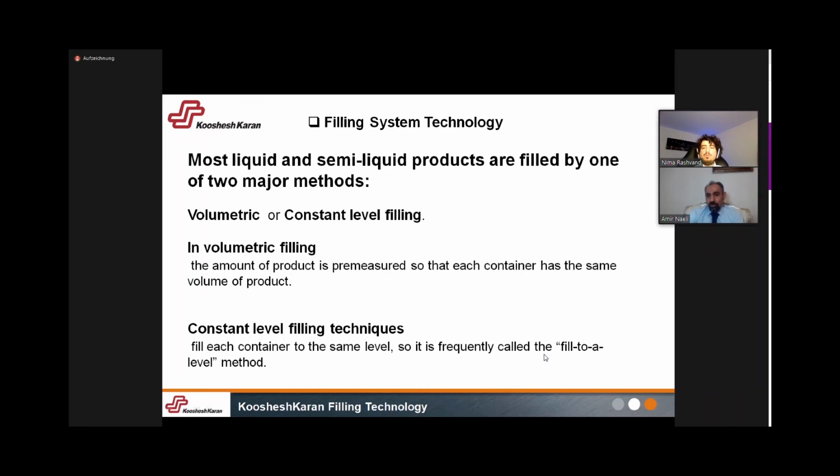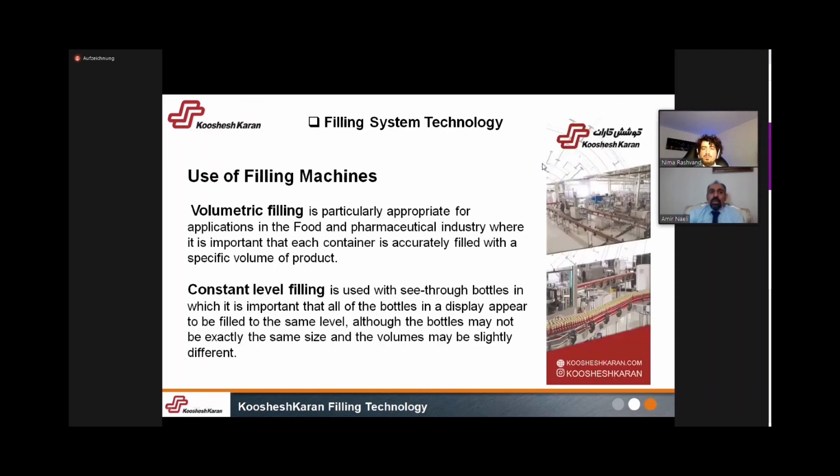Volumetric filling is particularly appropriate for applications in the food and pharmaceutical industry, where it is important that each container is accurately filled with a specific volume of product. And constant level filling is used with see-through bottles, in which it is important that all of the bottles in a display appear to be filled to the same level.